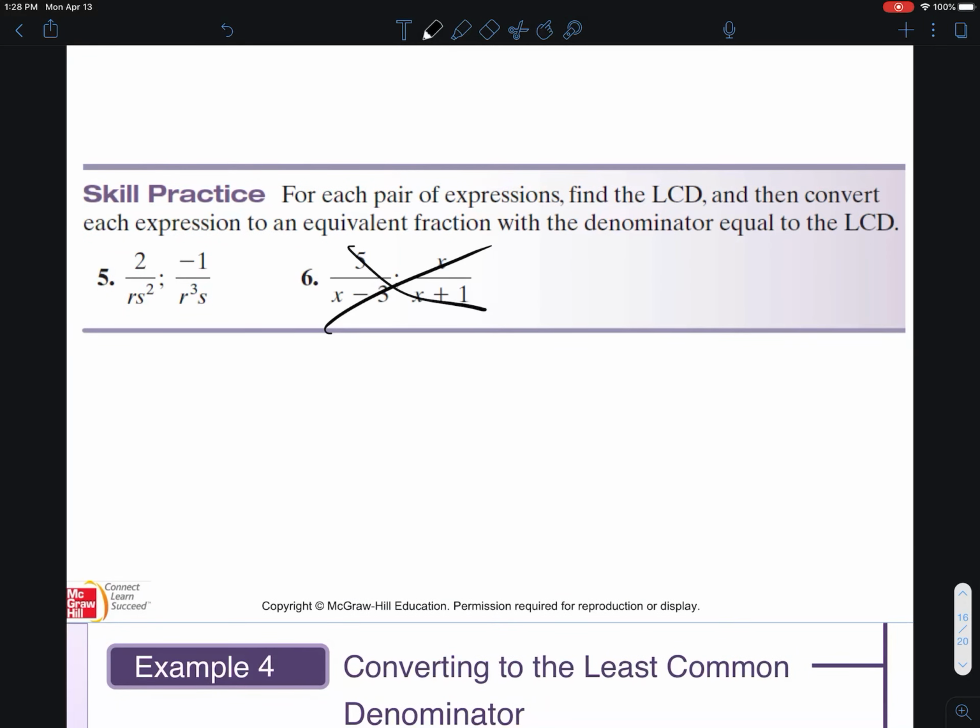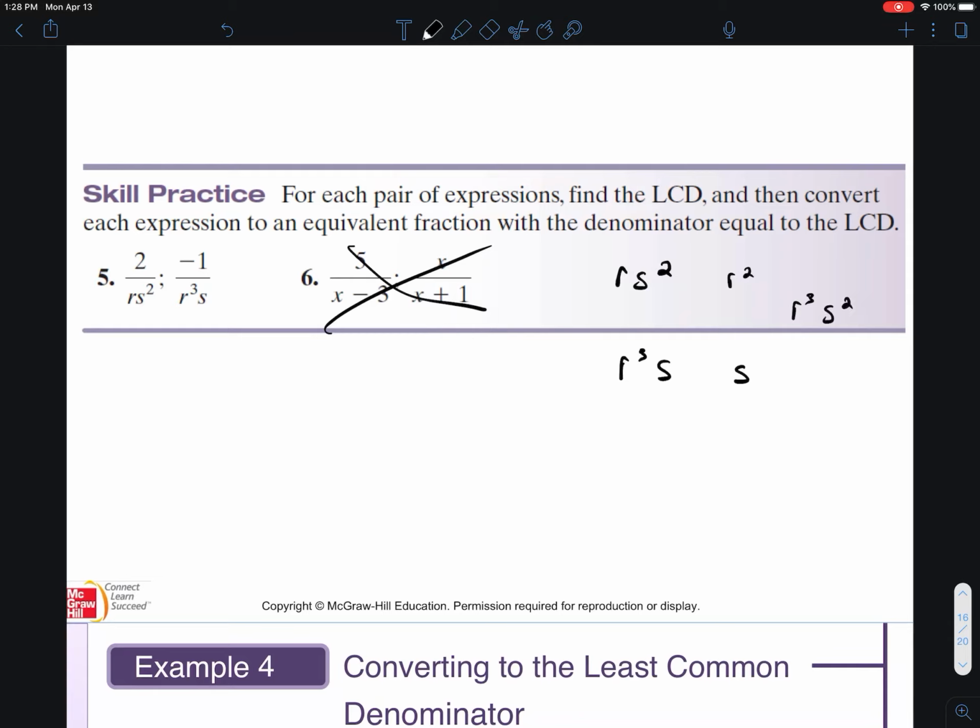So here again, I have an r s squared, and then I have an r to the third s. So for this one, I have to give it an s, so I can have the square, and in this one, I'm going to give it an r squared. And so my common denominator will be r to the third s squared.